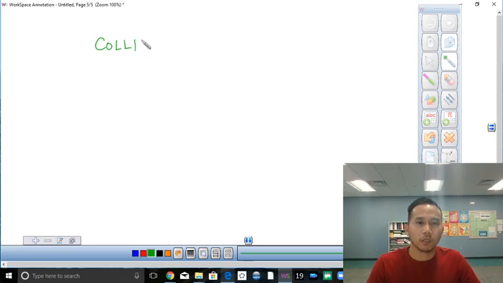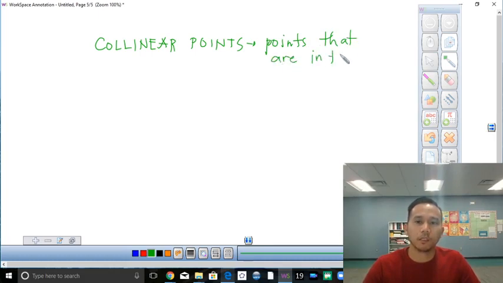Collinear points are points that lie in the same line.